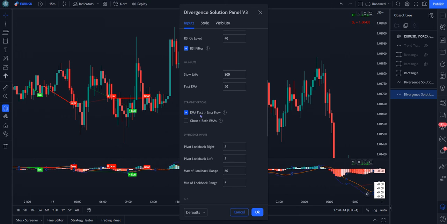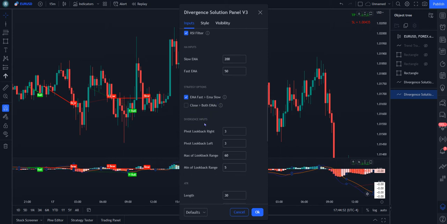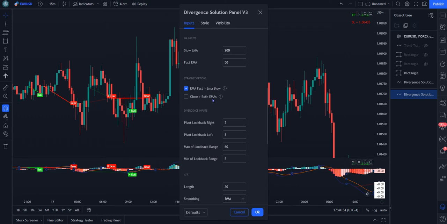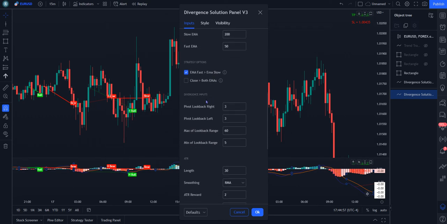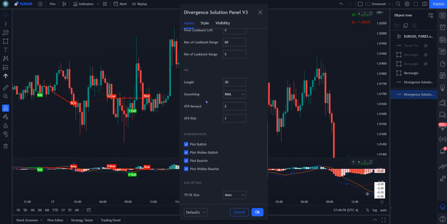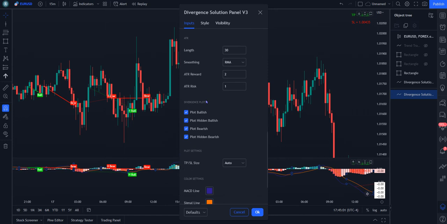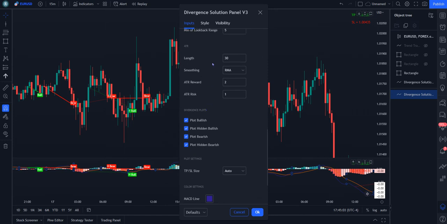And then it has two different strategy options, whether you've got the fast or the slow moving averages or the close over both EMAs. So that's just a quick run through of the settings. Obviously it's got average true range as well.